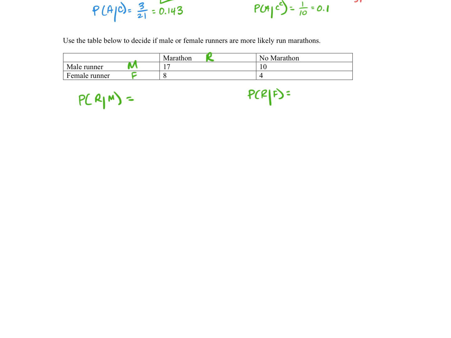So no matter what, if I'm given this two-way table, before I do anything, before I even think about the question really, I'm doing this. I can't think through this without having those totals there. Are we all comfortable with that idea?